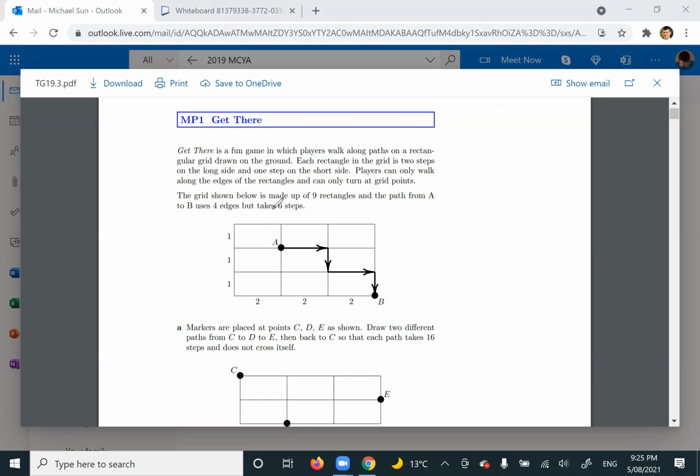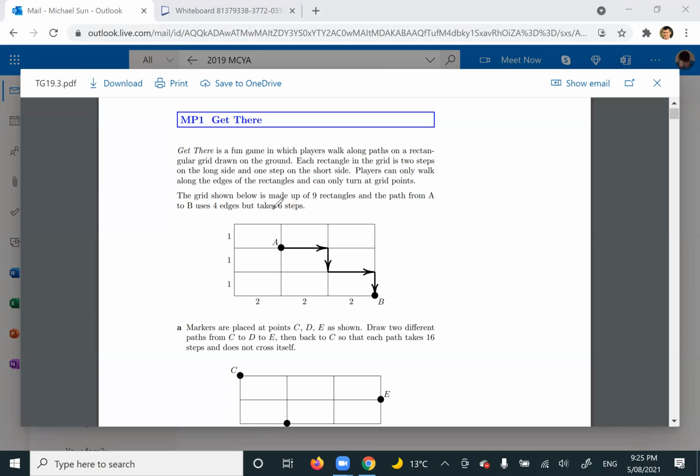Read it clearly and loudly. The grid shown below is made up of 9 rectangles, and the path from A to B uses 4 edges but takes 6 steps.